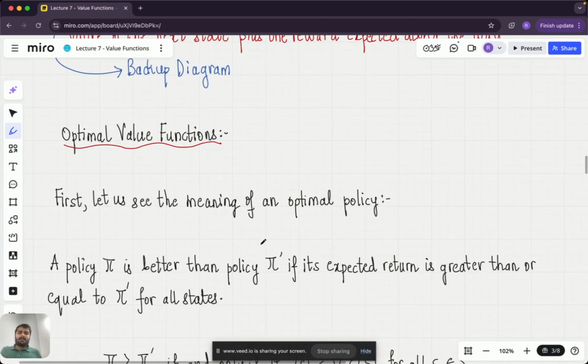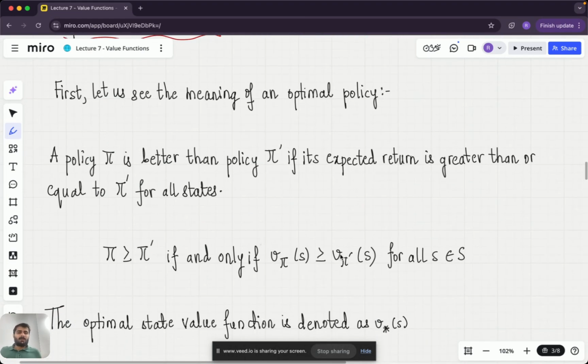A policy pi is better than a policy pi dash if its expected return is greater than or equal to pi dash for all the states. So basically, if I have a policy and it's giving me a certain value for all states, and then you tell me, Rajat, I have another policy which is giving good values at some states but not good values for other states, then I cannot say with confidence that your policy is better than mine.